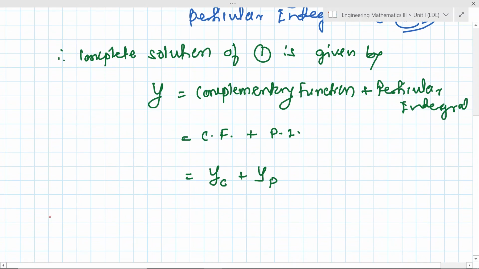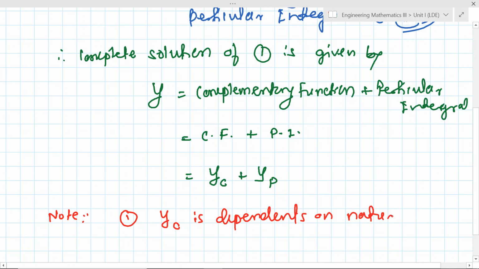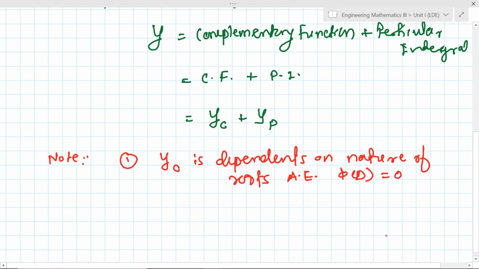So first note, yc depends on the nature of roots of the auxiliary equation. And what is that auxiliary equation? Phi of D equal to 0.